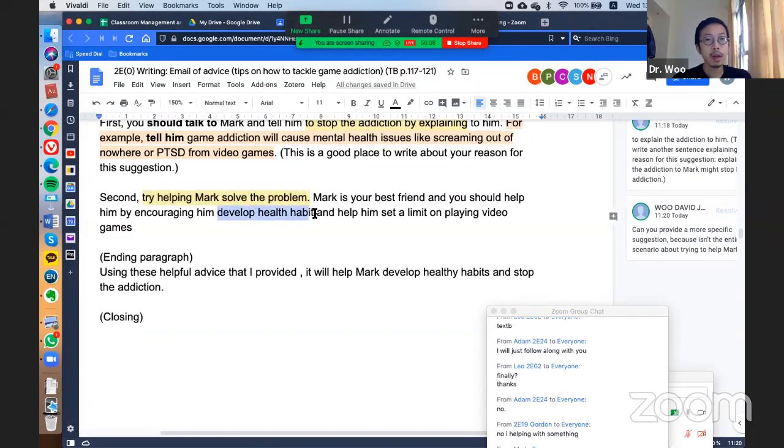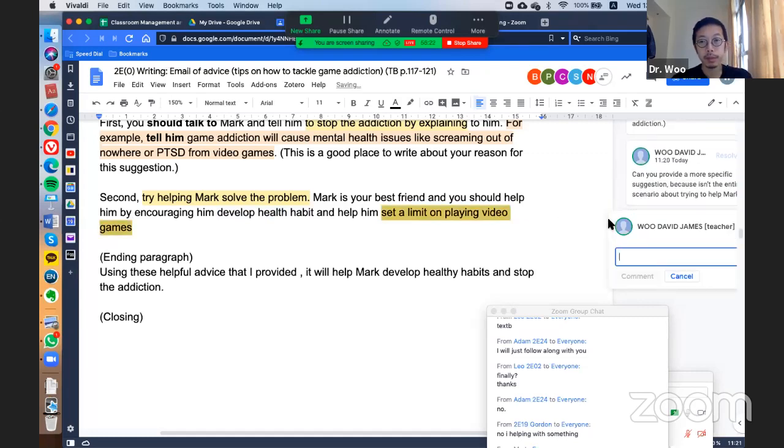So here, you might have a better suggestion. This could be the topic suggestion of your second body paragraph. Then the second sentence should provide an example of it.